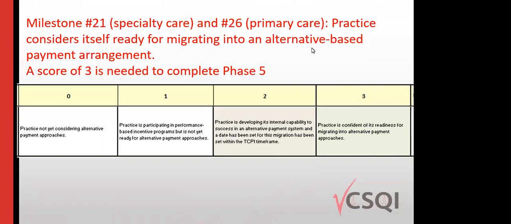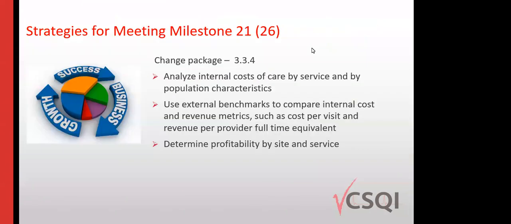To score a 3, we would expect that the practice feels it is ready, confident that it's ready for leaving the MIPS payment model and migrating into an alternative payment approach.